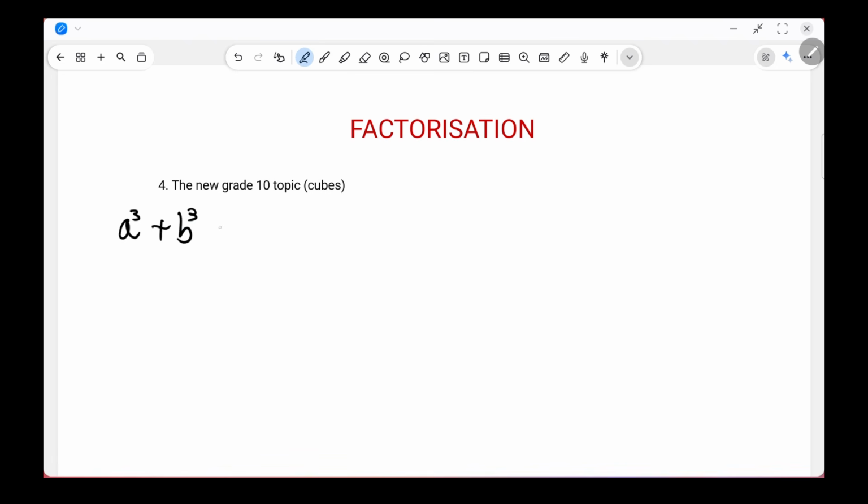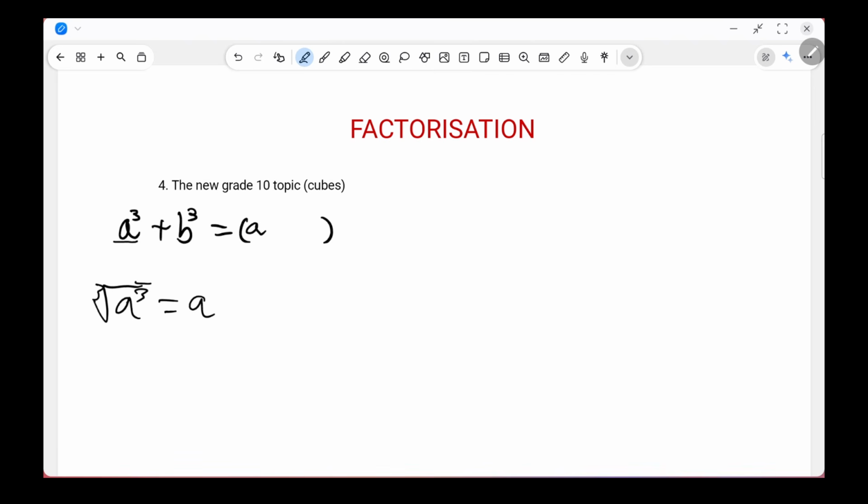Example, our rules here: we will start by opening a small bracket. We look at the cube root of a cubed, which is a, so we put a.